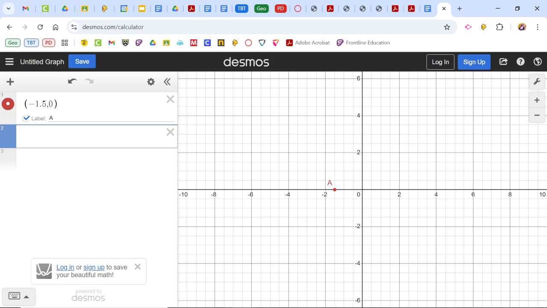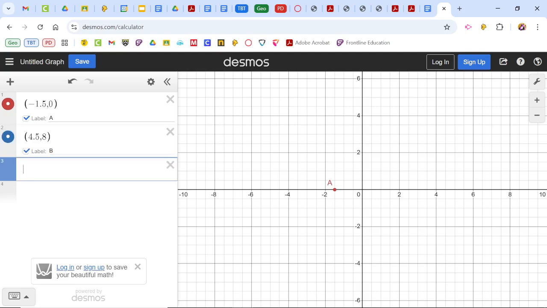And we're going to do the same thing with our point B, 4.5, 8. And let's label that guy point B. And lastly, let's do point C, that point on our segment, 0, 2. We'll label that, call it C.